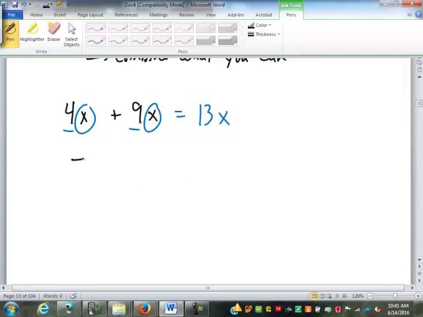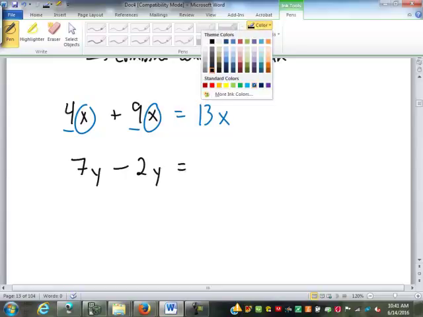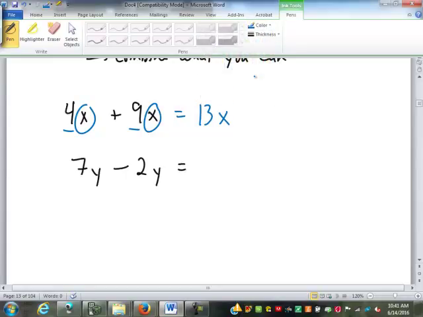If I have 7y minus 2y, it's the same thing. When I subtract, I combine the counts. 7 minus 2 is 5, and I keep the name, y.